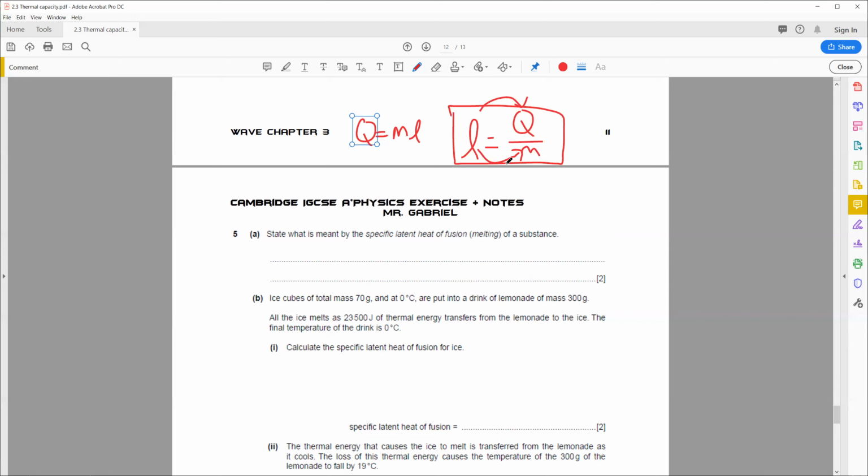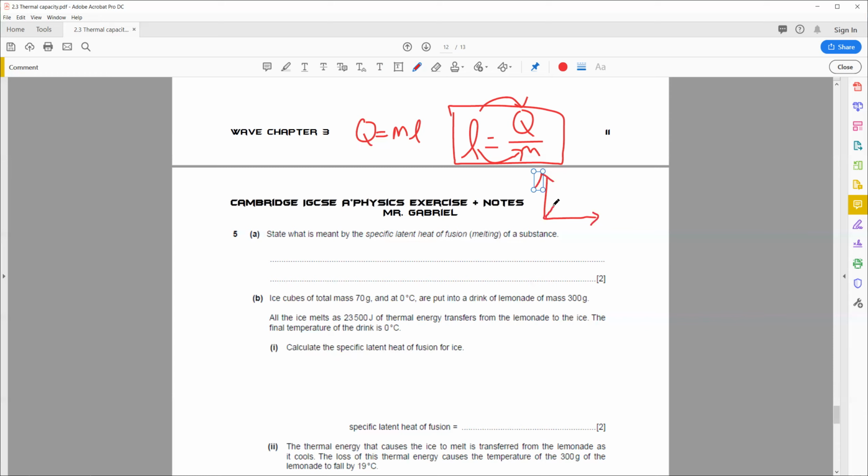And then you change the state of 1 kg of a substance. And there's one more extra very important keyword that I've mentioned last week. Very, very important. It's related to the graph one. Wow, very good, Jie. No, not to evaporate. It's without any change in temperature.